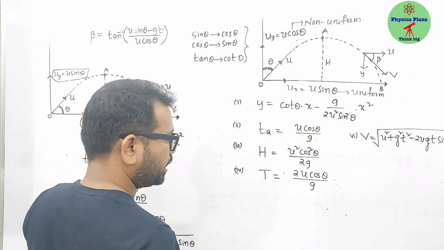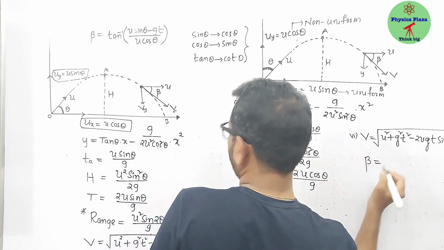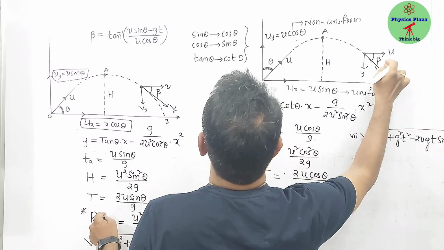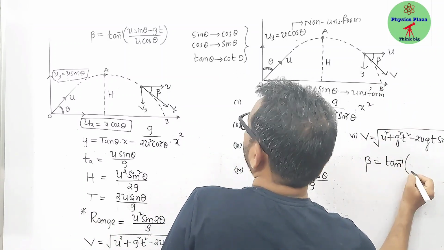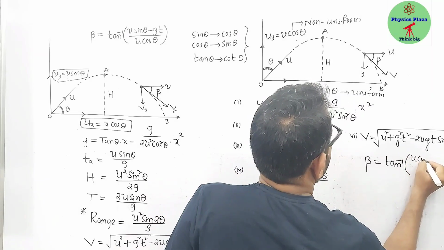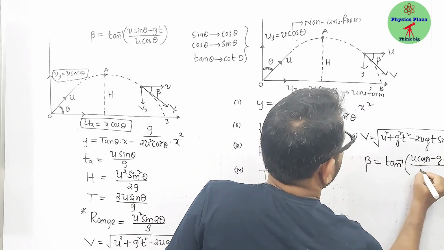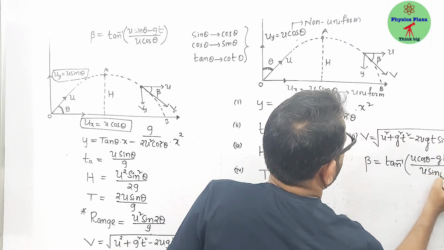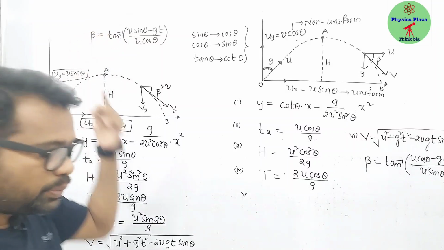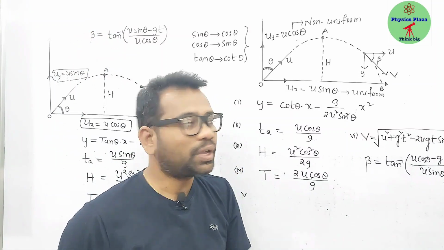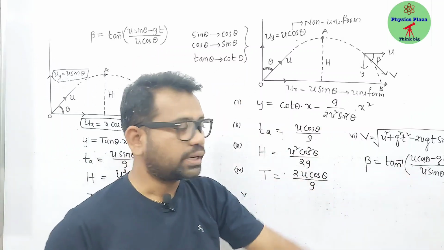Now, what I missed is the fifth one: we have to see the angle beta. The direction is very important. So beta is tan inverse of (u cos theta minus g t) by u sin theta. Anyhow, tan will be the actual direction we take, so that won't get exchanged in this one, and cos theta will become sin theta.